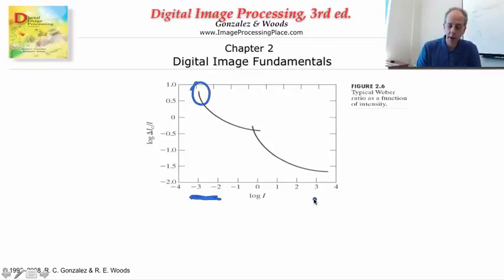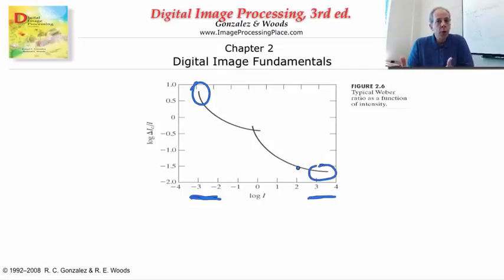If we are in very high background light, we don't need so much change. So the basic idea is that if we are in a very dark room, very small changes in brightness will not be perceived. We need a much larger change.